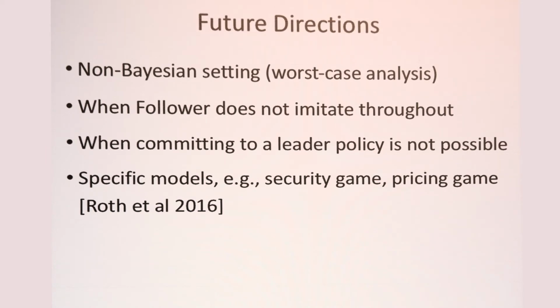And also, what if the leader does not have any power to make a commitment to a policy? What can we do to play against the imitative follower deception in this case? And in the end, we are also interested to study some more specific models, such as security games and pricing games. A more specific game structure would hopefully help us obtain more results than in this general model.